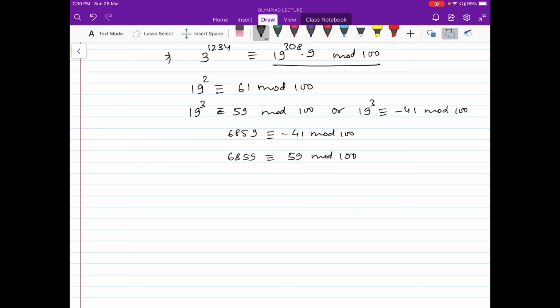So let us multiply these two equations. So you will have 19 to the power 5 is congruent to 61 into 59 mod 100, or else you can use this also, 19 cube into 19 square, that is equal to 61 into minus 41 mod 100. So you can use any one of them, you will get the same answer, right?